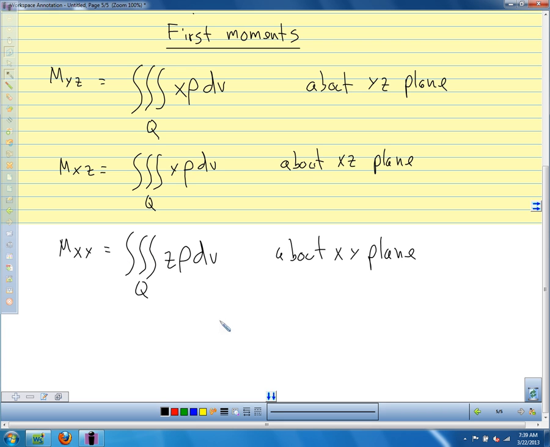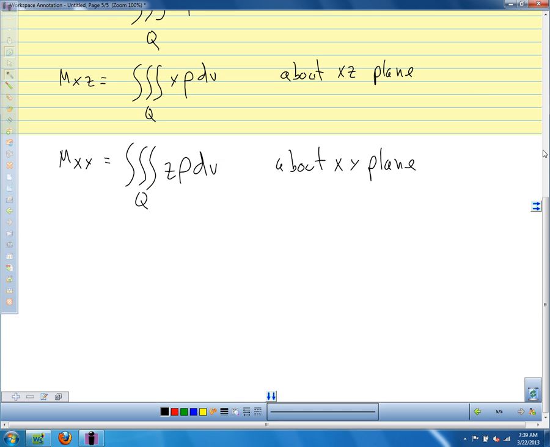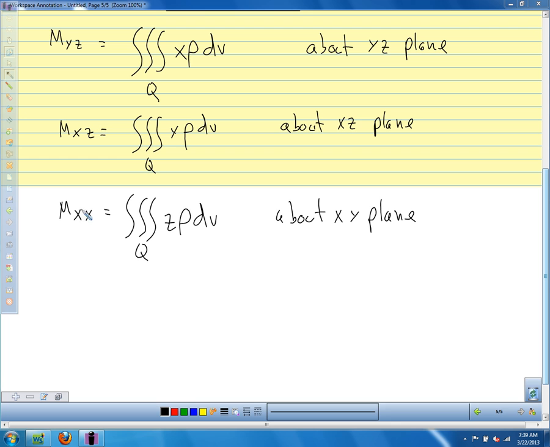And our center of mass, we're going to have three coordinates now, each of these divided by the mass. So our x bar is m sub yz over m. y bar is m sub xz over m.